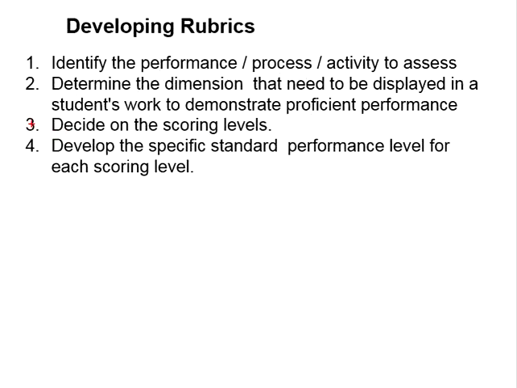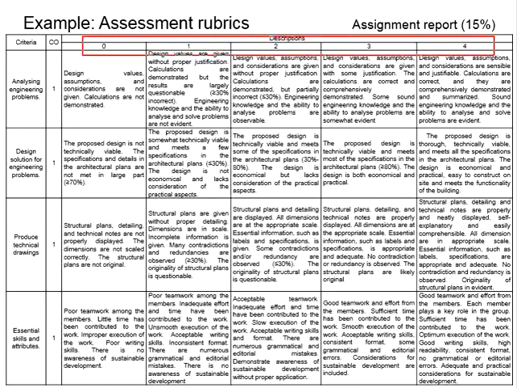Next, you need to decide the scoring levels. How many levels are there? Normally, we will recommend that the lowest scoring level should be 0. Then you can have 4 or 5 levels in total. Of course, you can have more levels.